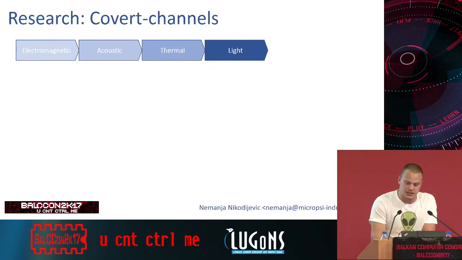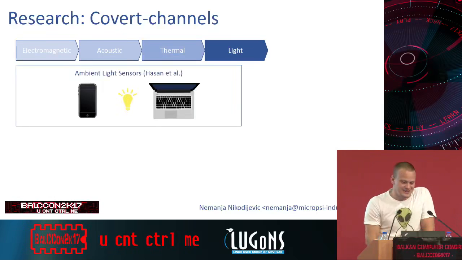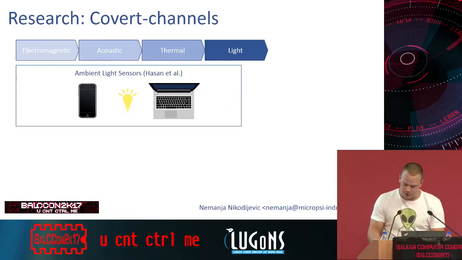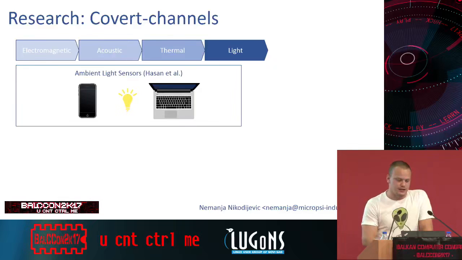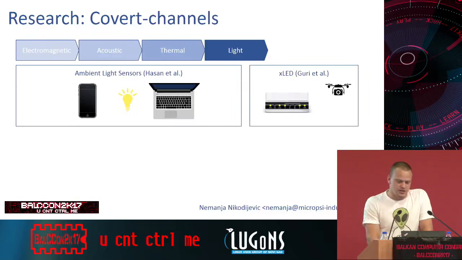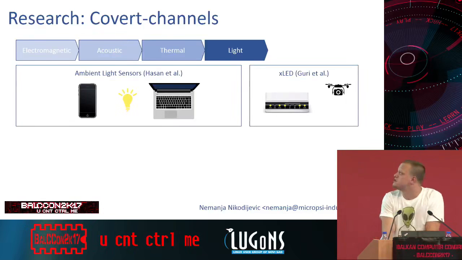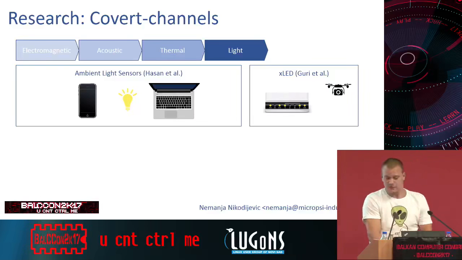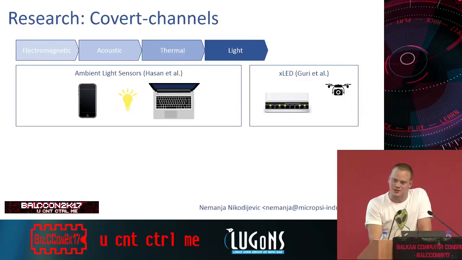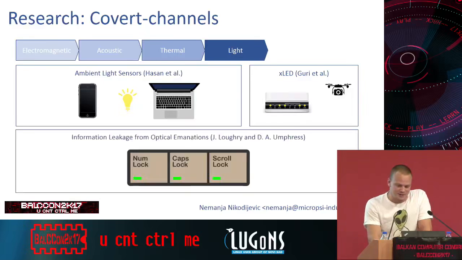And of course, light is probably the fastest covert channel. There were papers describing how to use sensors on your laptops or phones for issuing C&C commands. Also this paper is from this year's DEF CON, again by Mordechai Guri, and they showed how to use LEDs to exfiltrate data, and flying a drone next to the building was really amazing. You can have a look at it.